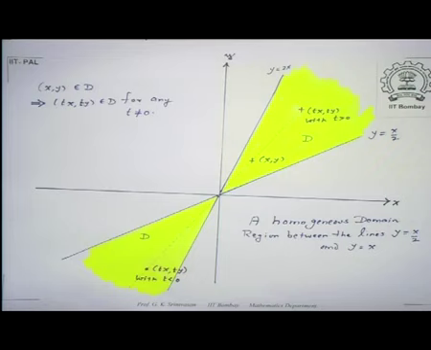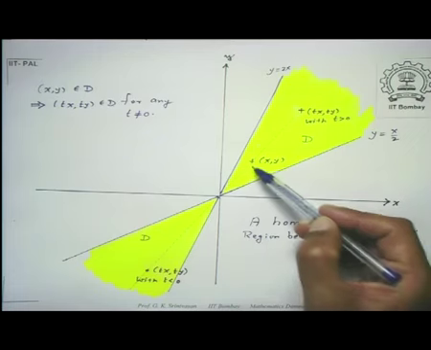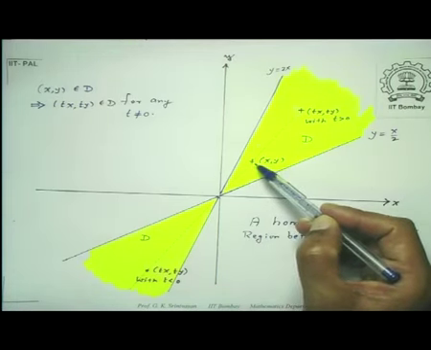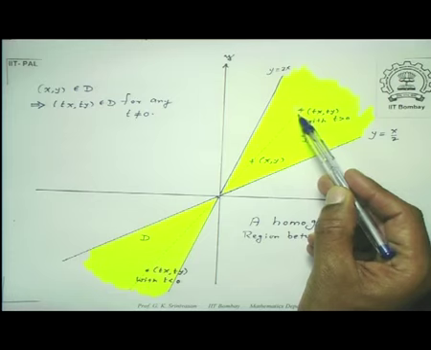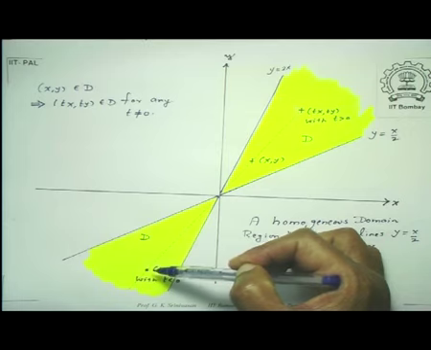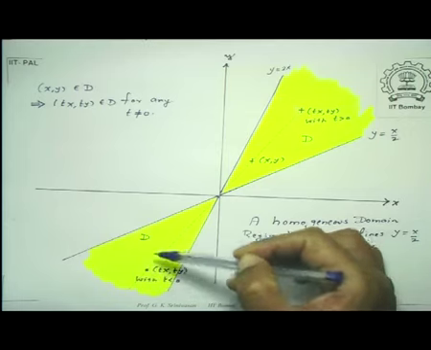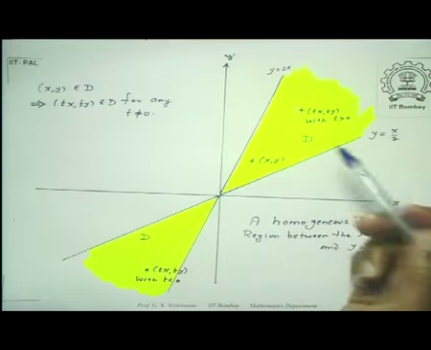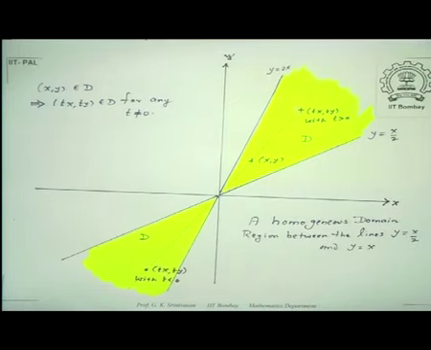Now this union of these two yellow pieces is a homogeneous domain. Why is it a homogeneous domain? We can see that if you take a point (x, y) in the yellow region multiplied by t, then t times (x, y) is also there. So you see this is a point (x, y), you multiply it by t, you come to the collinear point (tx, ty) if t is bigger than 0, and you come to this particular point on the opposite side if t is less than 0. So this is true for each such point. So this domain is a homogeneous domain.